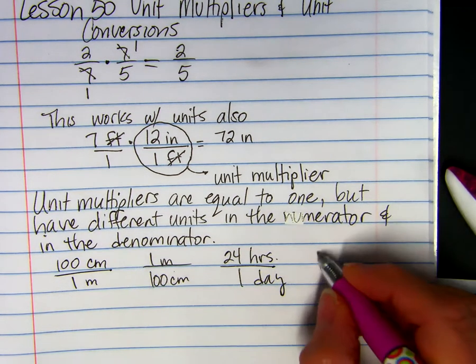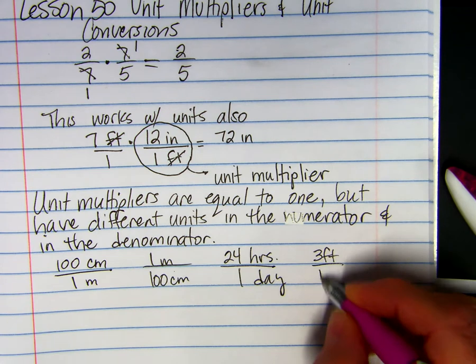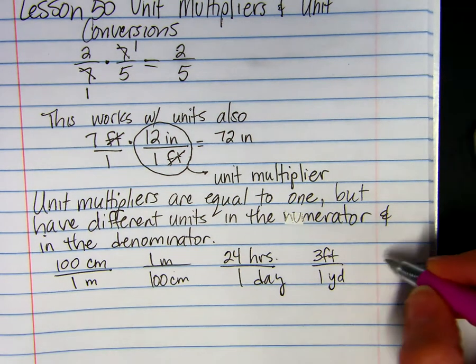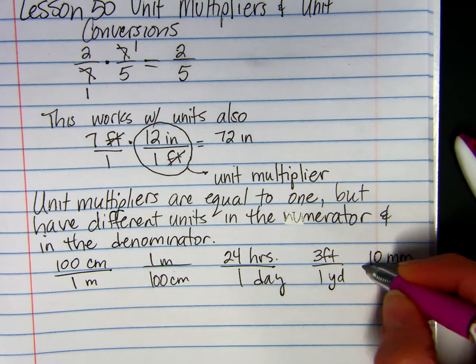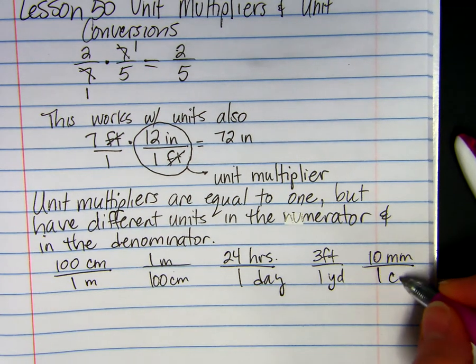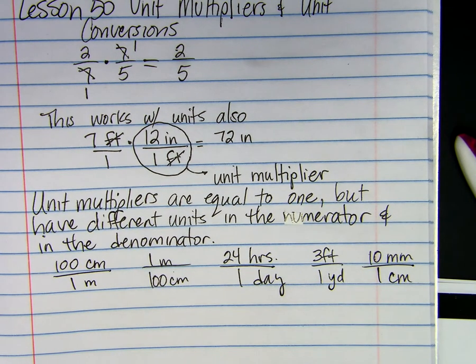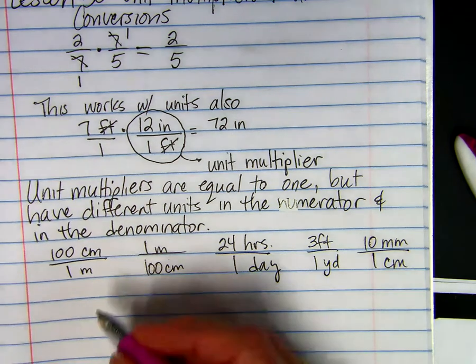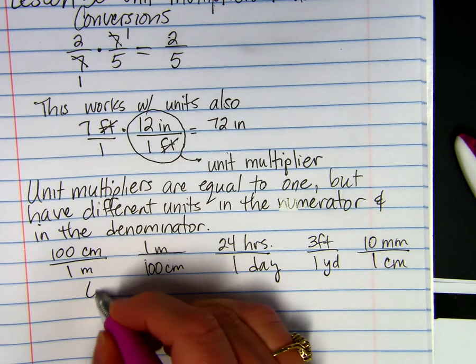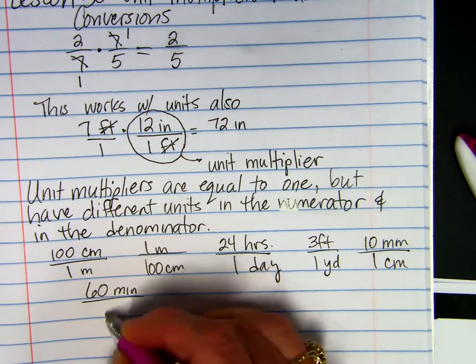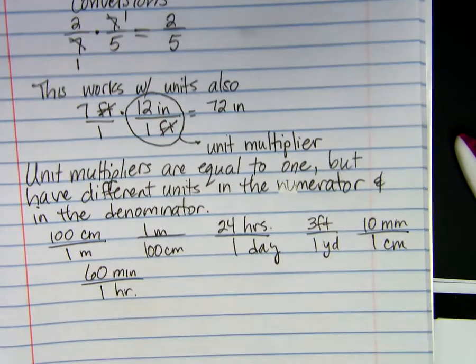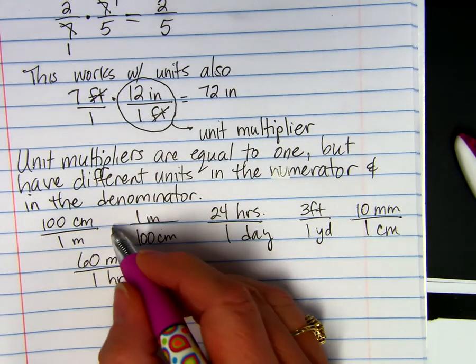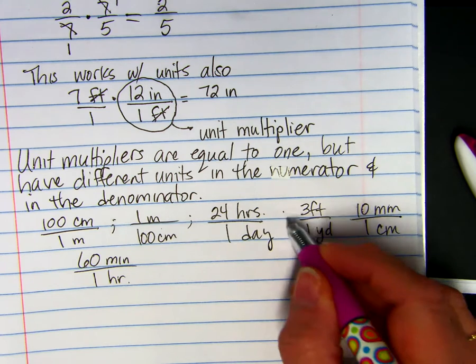You could do 3 feet over 1 yard. I bet you could come up with a whole bunch of different examples. 10 millimeters over 1 centimeter. 60 minutes in 1 hour. These are all examples of unit multipliers.